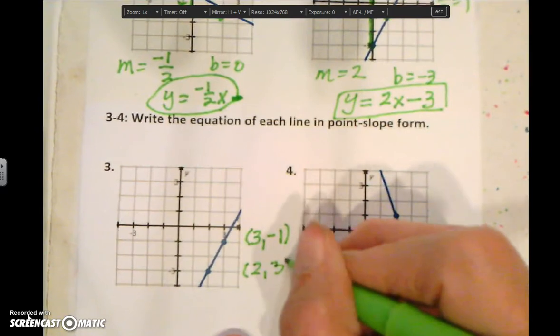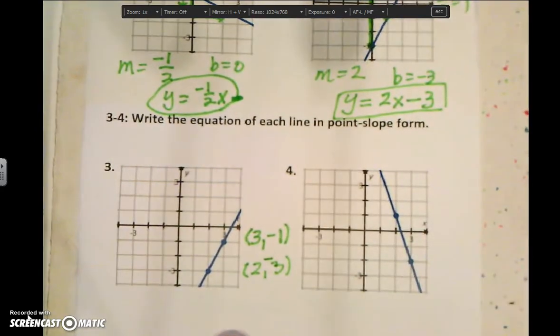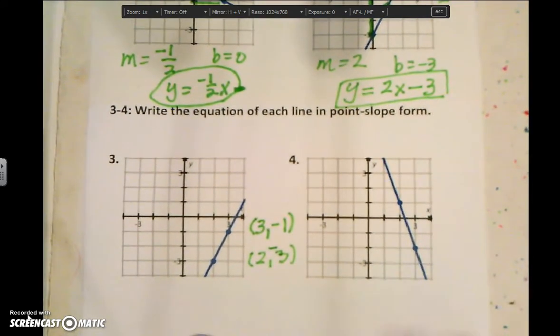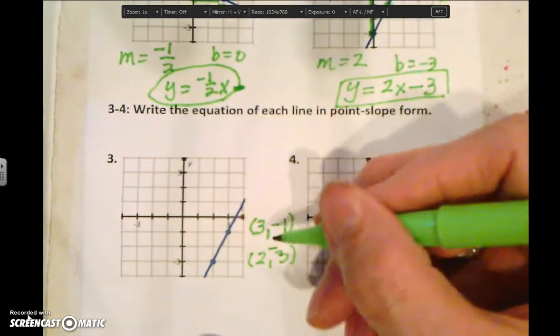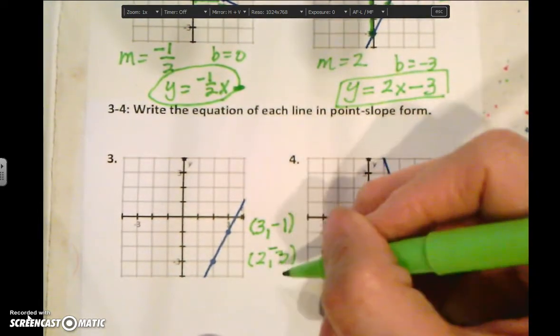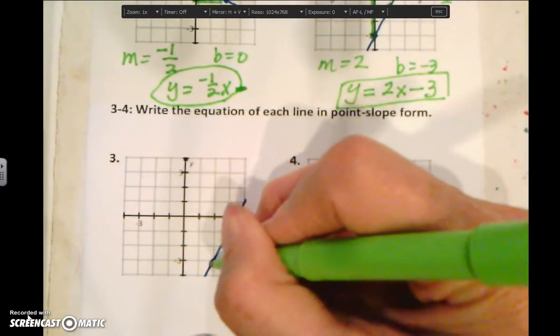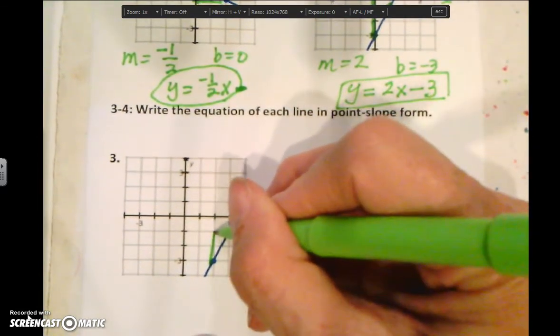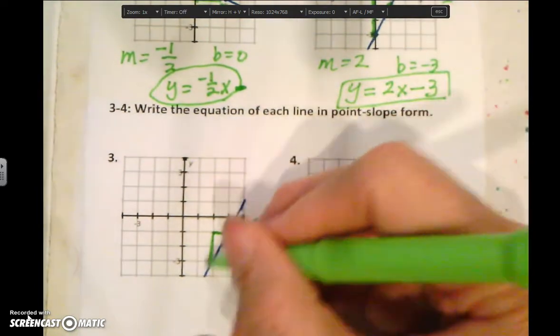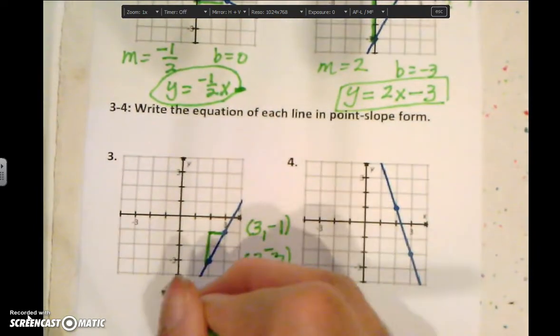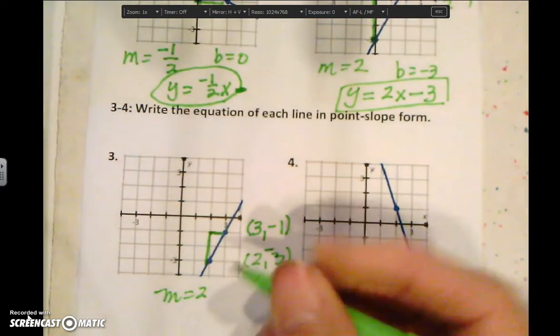It does not matter which one of those points I use. I need to count my slope. That's the easiest way to find it. I could subtract and use y2 minus y1 over x2 minus x1, but it's easier to count. This is up 2 to the right 1, so this slope is 2. So m is equal to 2.